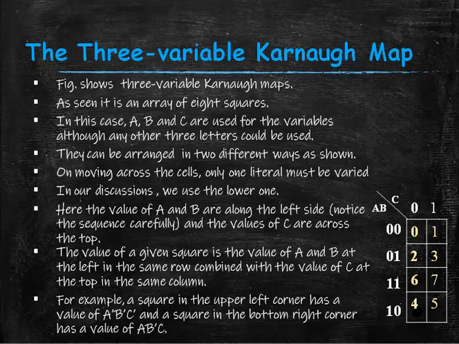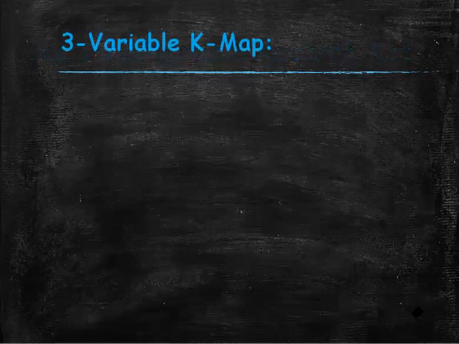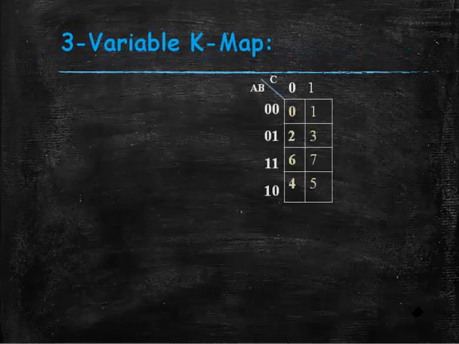Now we go into some examples. Here represents the positions of a 3 variable K-map.